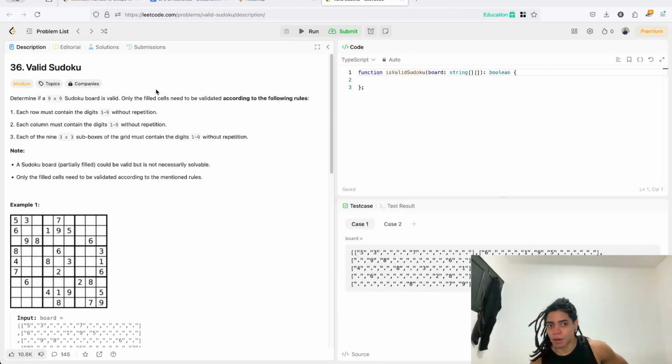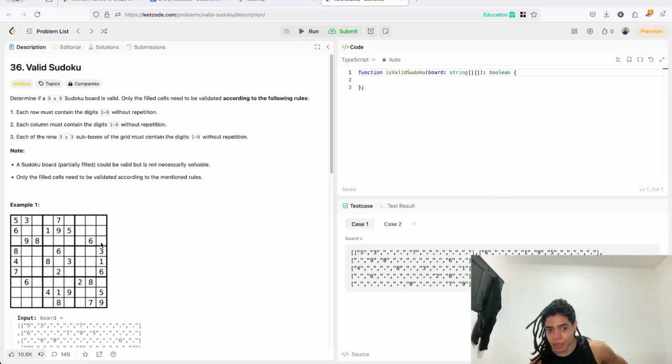Again, what we care about is this one. This is valid Sudoku. So the idea here is that we can represent this using a set as a way to iterate through all of the rows. The validating thing is that we see if in the row there are no duplicates, and in the column no duplicates, as well as in each one of these cells.